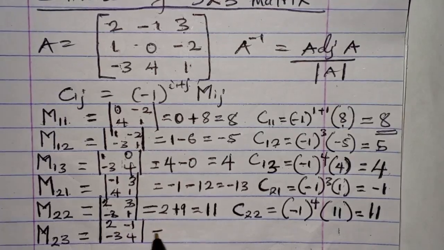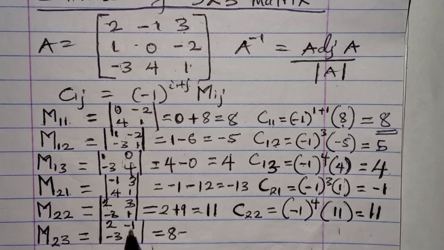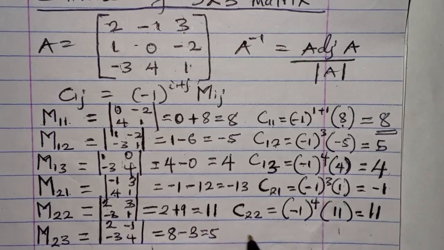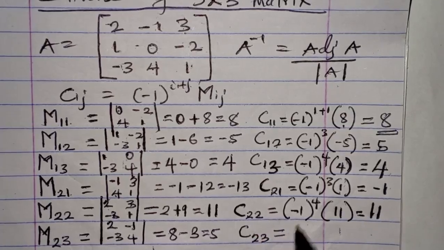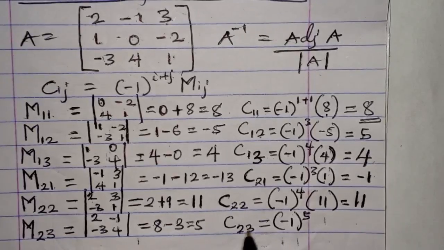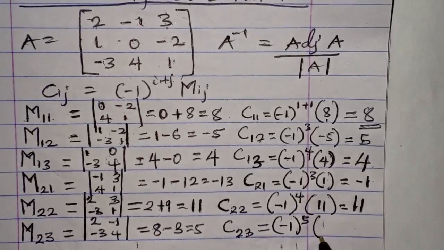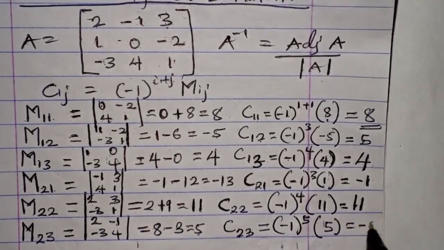So what's the determinant of this matrix? 2 times 4 is 8, minus 3 times minus 1, that's plus 3. That's 5. So the cofactor of that element minus 2, that's C23, is negative 1 to the fifth, because 2 plus 3 is 5, times the corresponding minor, which is 5. And that will give us minus 5.